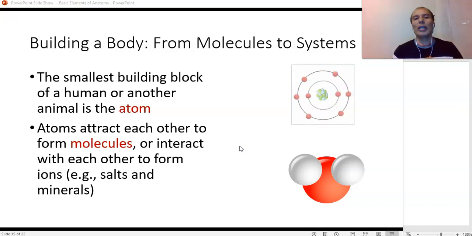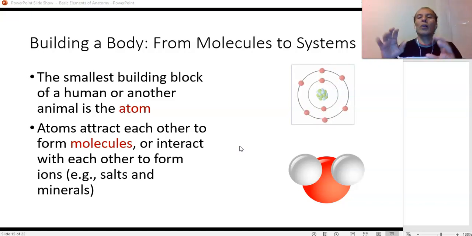Out of these 118 elements, everything on the surface of the Earth comes. The cows, buildings, cars, plants, anything on the surface of the Earth is made out of some of these 118 elements.